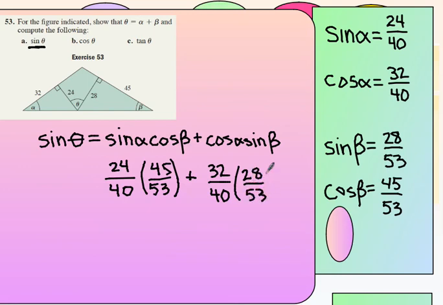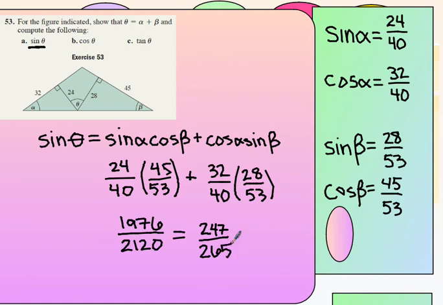Now, as you multiply this out and then add things together, we're going to see that this turns into 1976 all over 2120. And then we can simplify that fraction into 247 over 265. Okay, and so that becomes my value for sine of theta.